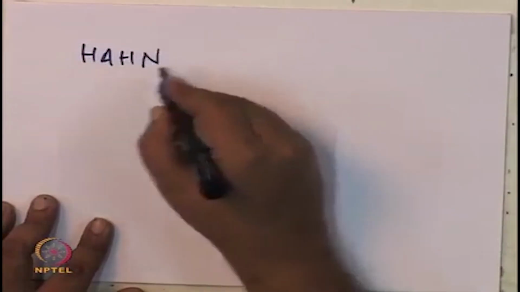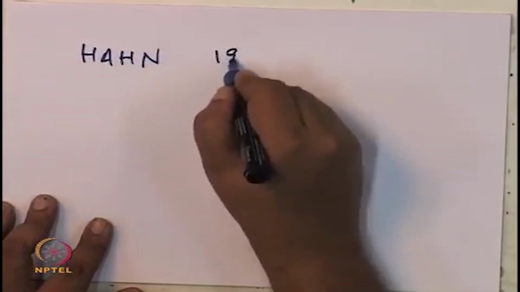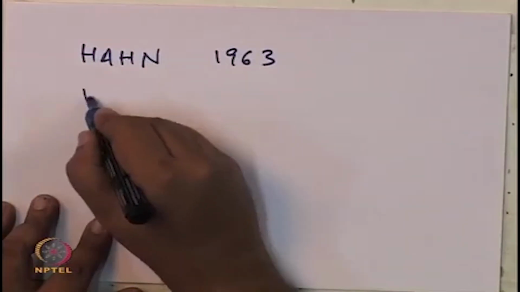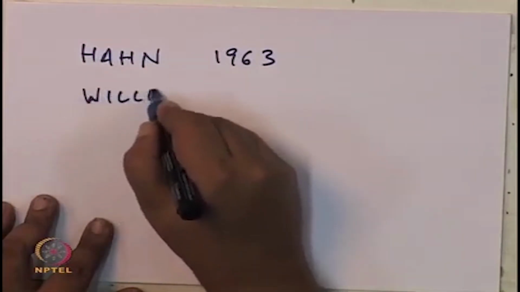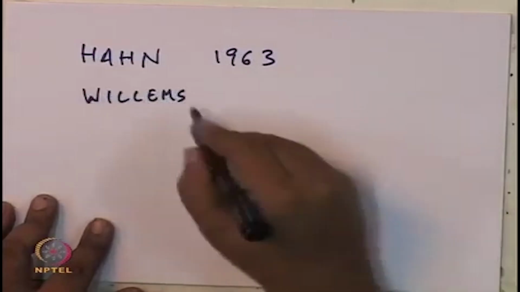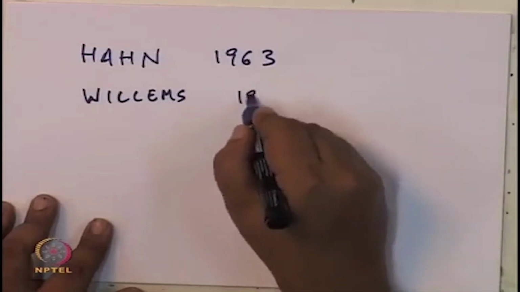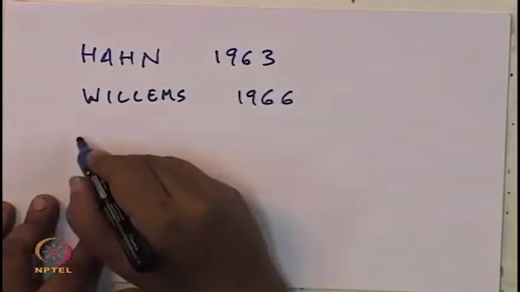It turns out that Eisenman's conjecture is false, and this was proved by several people over the years. Some of the more famous names include Hahn, who did this in 1963, then Willems, who showed a counterexample that this doesn't hold, in 1966.